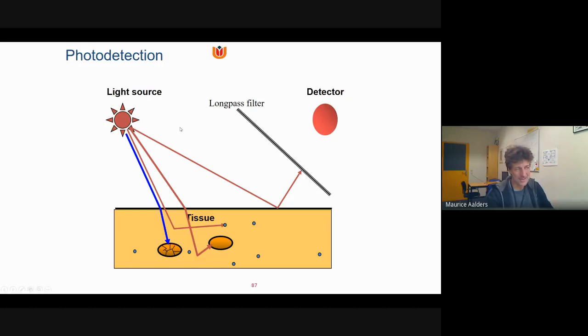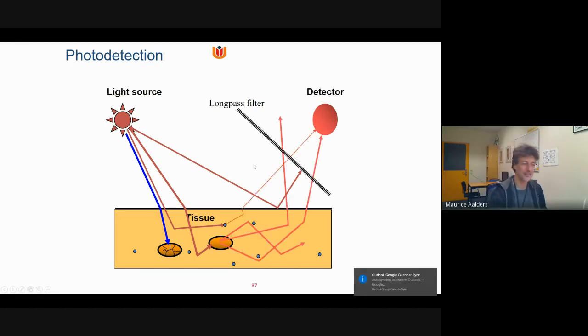We block that excitation light with our long pass filter so that we are only looking at the generated fluorescence light, because the fluorescence light is much lower in intensity, and otherwise our eyes would be totally saturated with the blue light or the UV light that we use to excite. So we block it using a long pass filter. That's it. Light is generated here in the tissue and going to the detector.